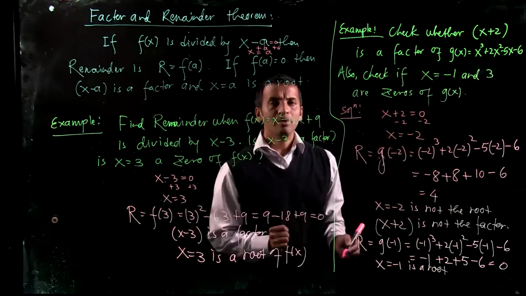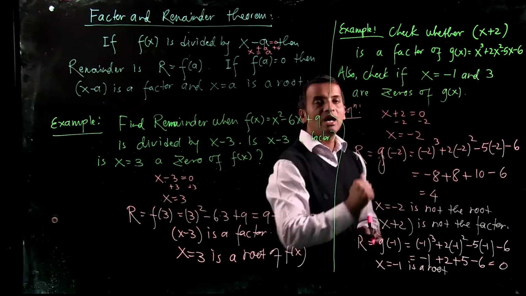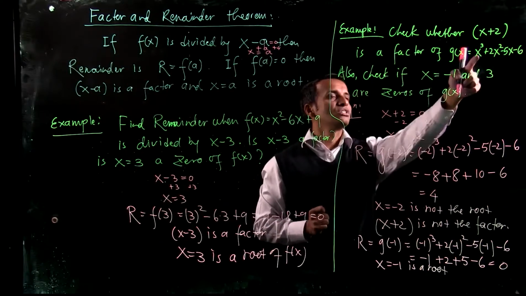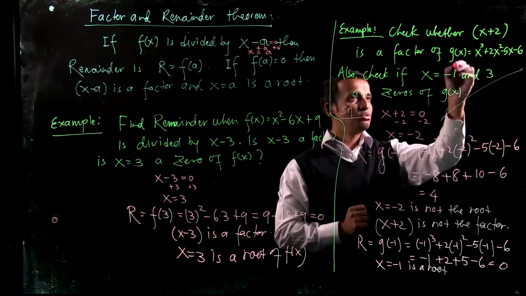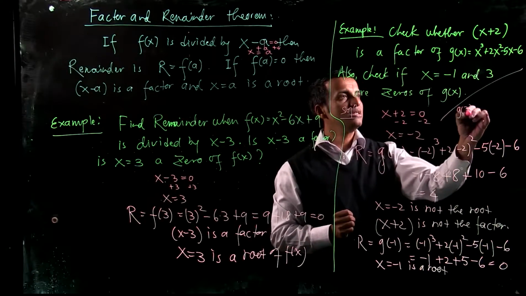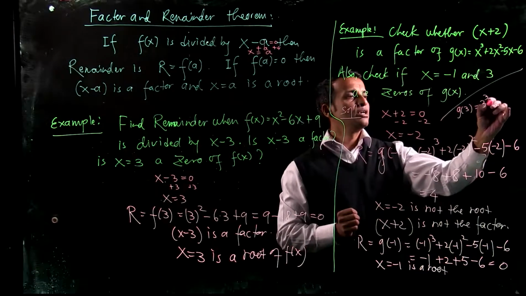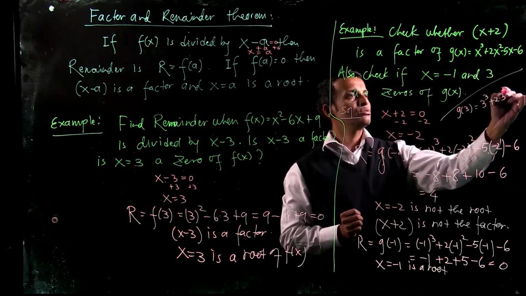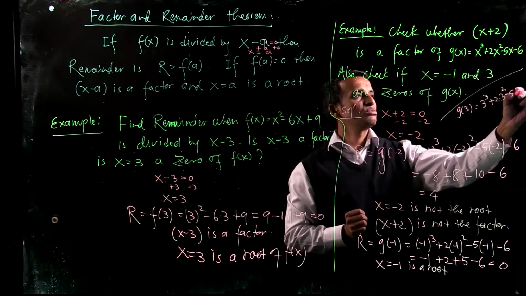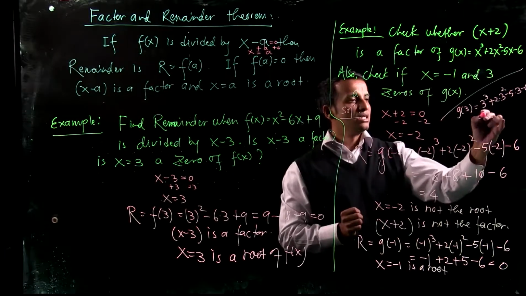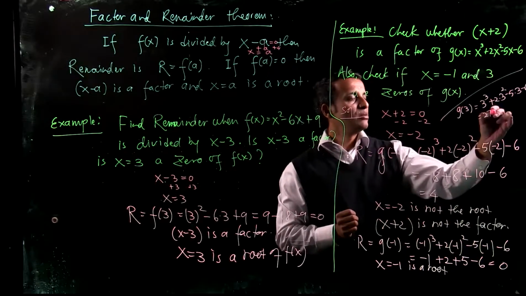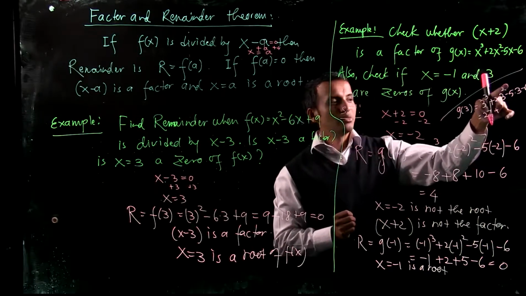How about 3? You plug in 3 for x in this function. You will get g of 3 equals 3 cubed plus 2 times 3 squared minus 5 times 3 minus 6. This is 27, plus 2 times 3 squared, which is 9 times 2, 18, minus 5 times 3, which is 15, minus 6.